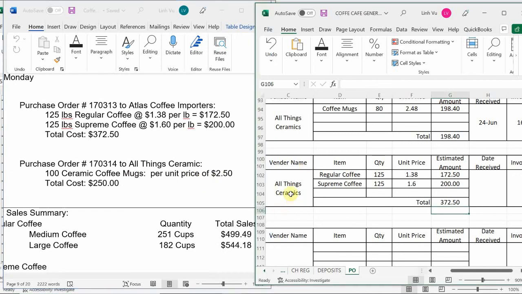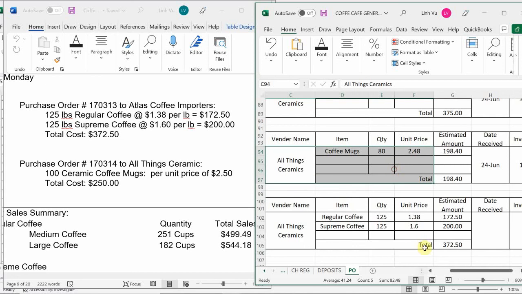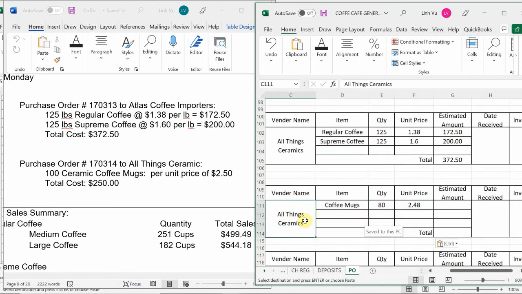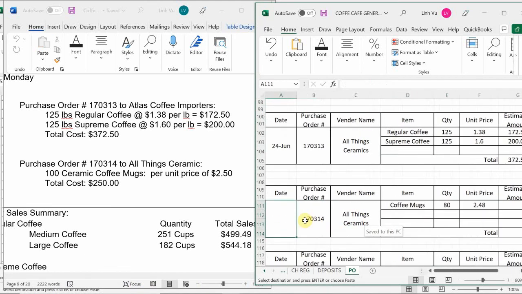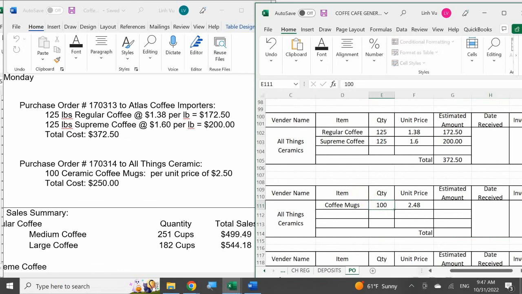We got another purchase order for all things ceramic, and that's for 100 ceramic mugs. Good.